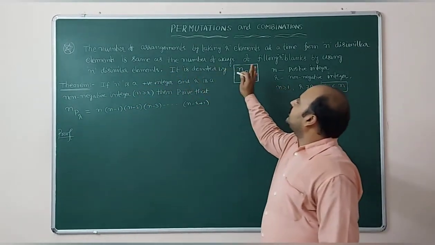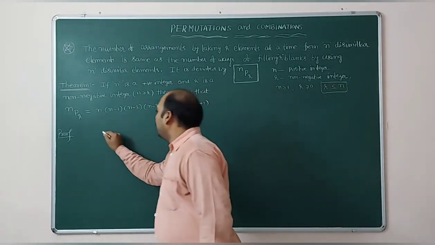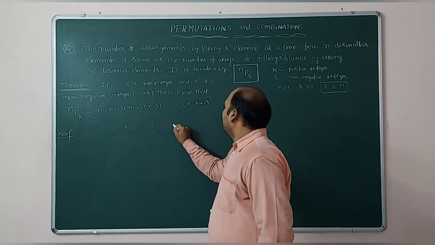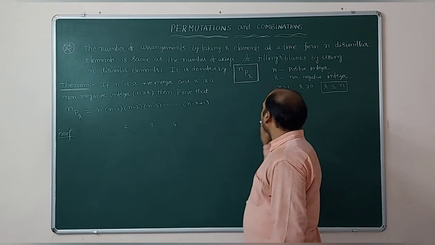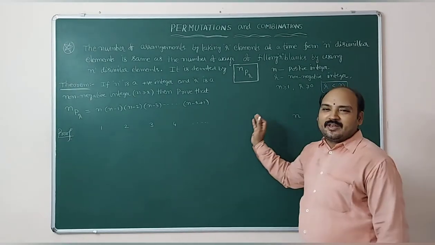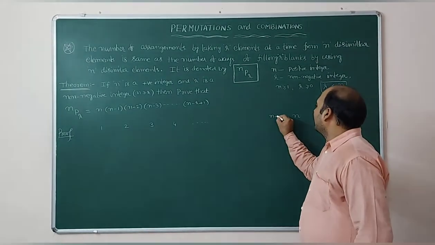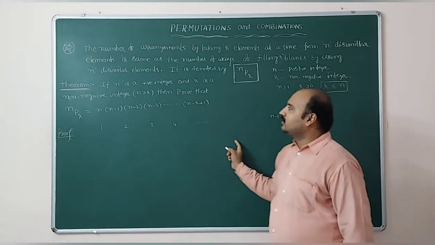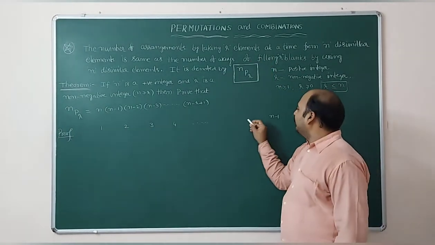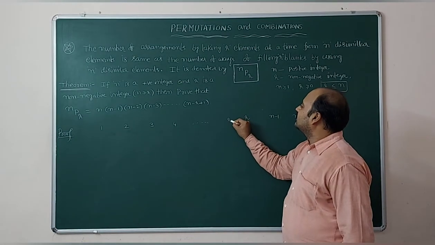Out of n things, you can write 1, 2, 3, 4 and so on. n will be there here, before it n minus 1. In between, r things we have to arrange, so r should also be in between them. Here it is r, here it is r minus 1.